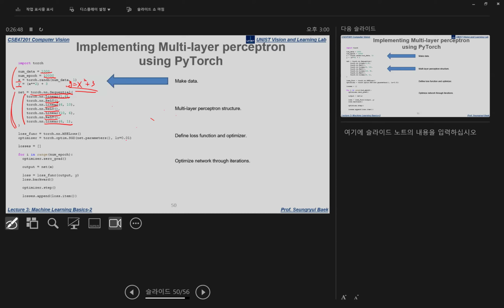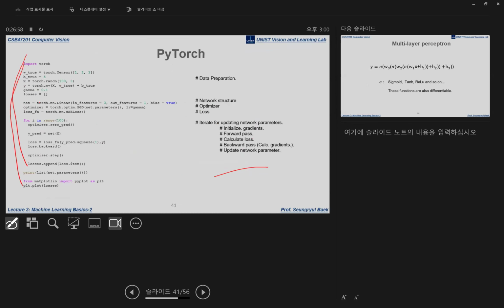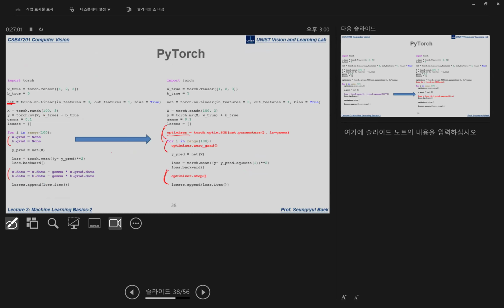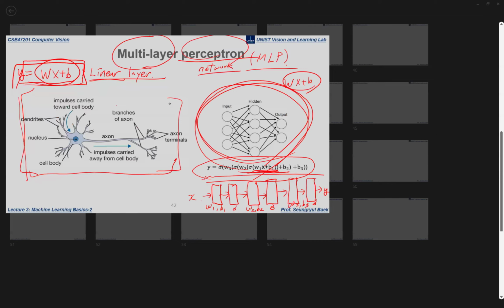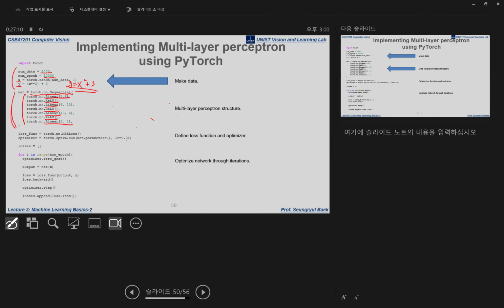Previously, for the linear regression task, we only used torch.nn.Linear, one linear layer. Do you remember? So previously in this code, for the net architecture, we used just one linear layer. But here, when implementing the MLP, we sequentially stack multiple linear layers, using the sigma function in the middle, right?